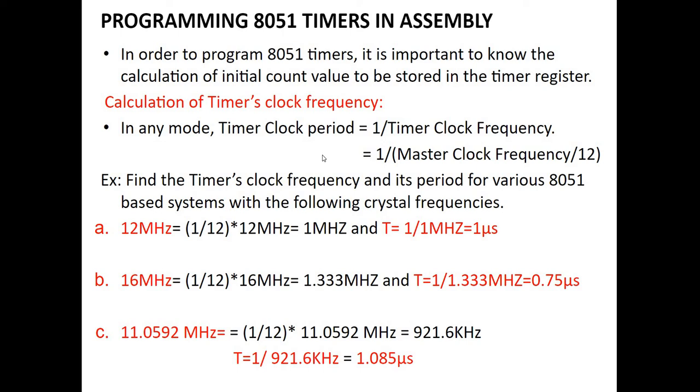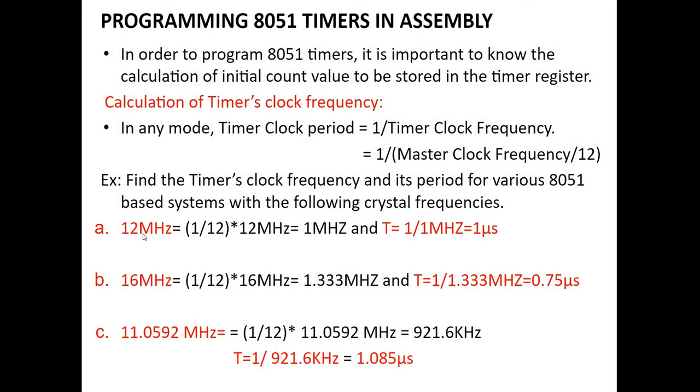For example, assume that a 12 megahertz oscillator is connected to the 8051. The first thing is we need to do 1 divided by 12, that is, master clock frequency 12 megahertz divided by 12.